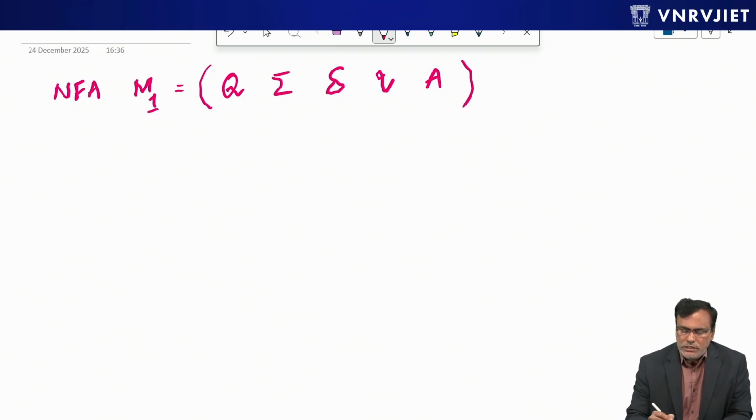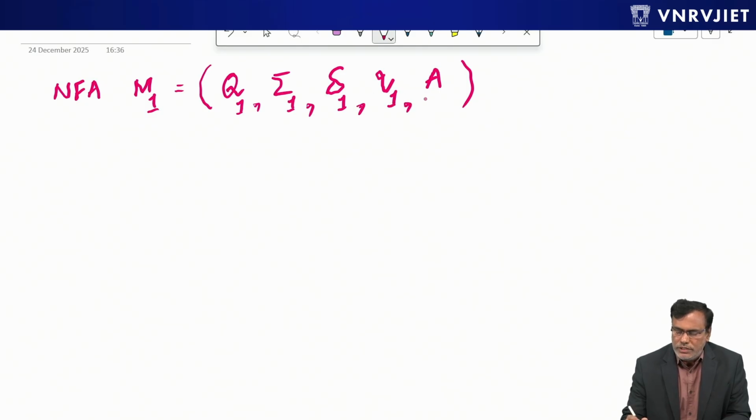As I am using M1 as a shorthand notation for denoting this NFA, let me use the same subscript for denoting the rest of the symbols in this five-tuple. This is Q1, this is A1. So this is the NFA.